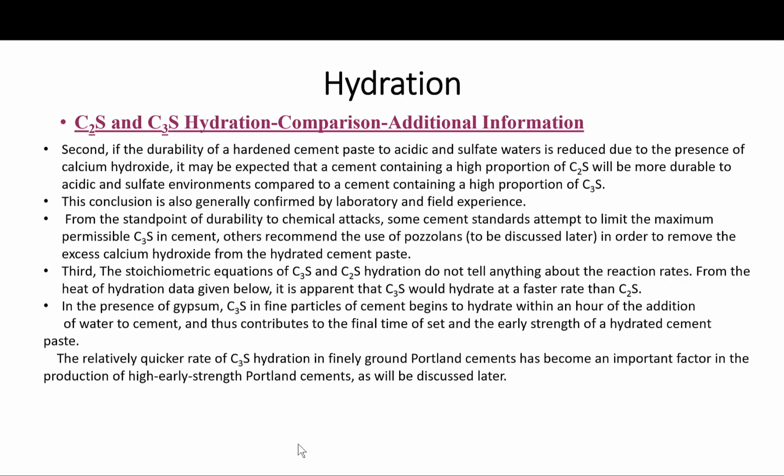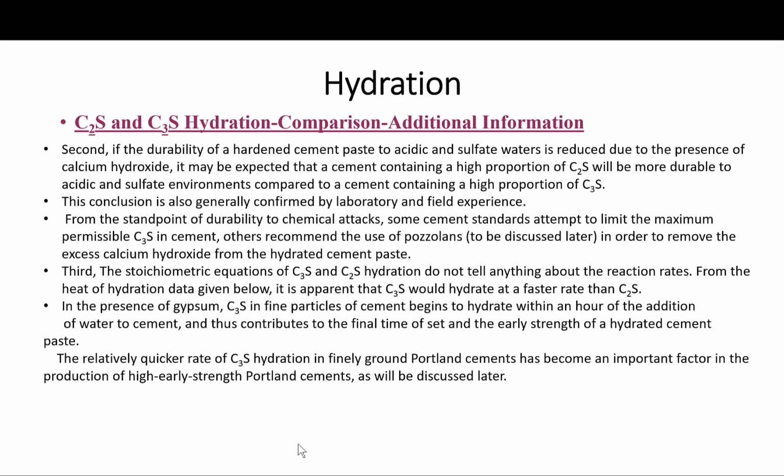So from the standpoint of durability to chemical attacks, some cement standards attempt to limit the maximum permissible C3S in cement. And I have seen this, and I have also shown in my research C3S to be, I don't want to say harmful, but it had some drawback when the C3S was higher, like 70%.